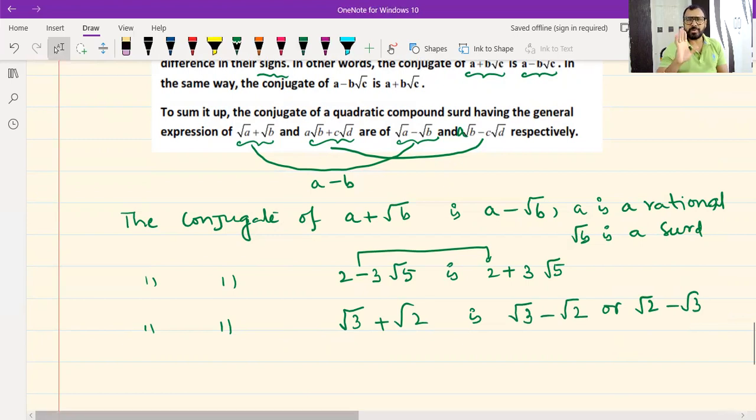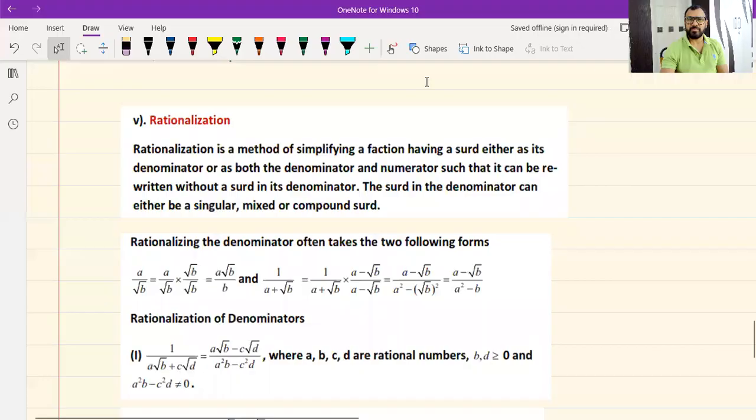Now one more concept is left, that is the rationalizing factor. So what is rationalization? When do we use rationalization? Rationalization is a method of simplifying a given surd when it comes specifically in the denominator.